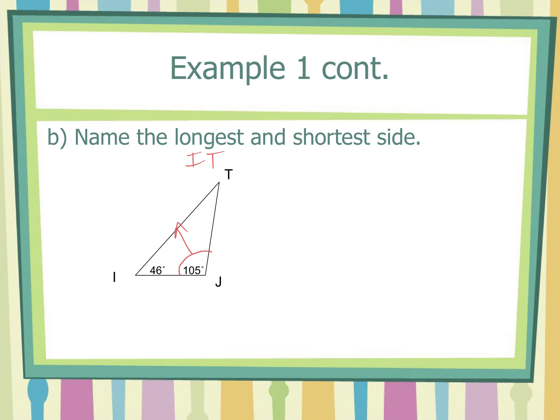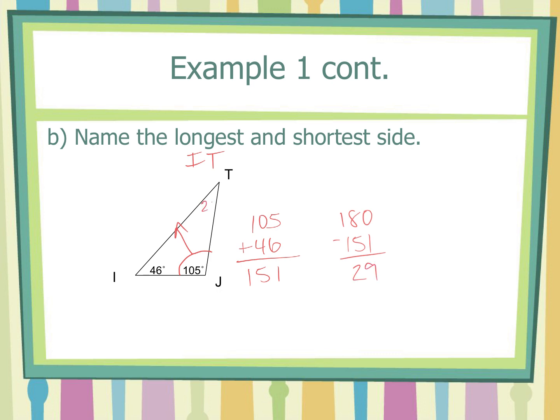Now, how can we figure out how to compare T and I? Because we don't know what T is. Juliet? Good. Why am I adding those two together? Very good. Then I can subtract it from 180 and get that missing angle. Perfect. So I should get 151 here. And then I'm going to take that 151 and do 180 minus 151, which would give me 29.